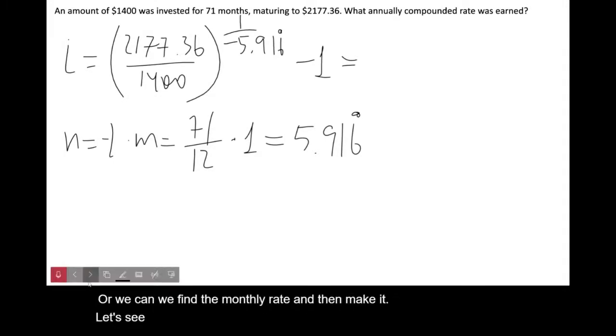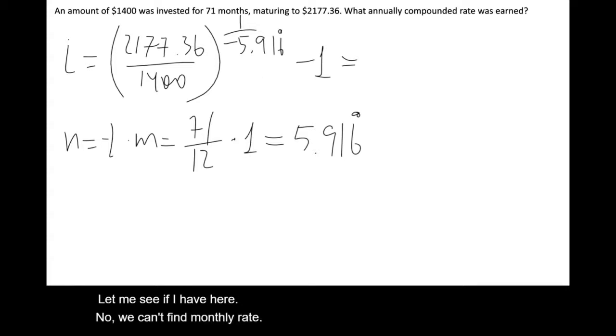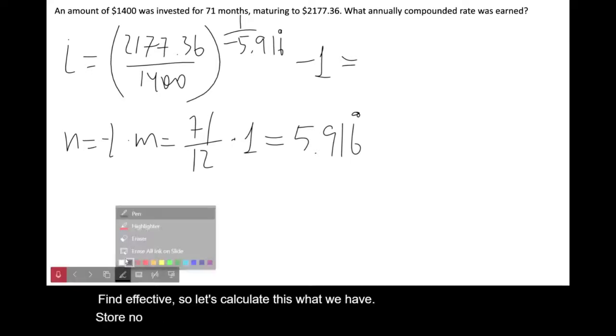Or we can find the monthly rate and then make it as what? Find the effective rate. So let's calculate this. What we have. Store. No, the negative should be positive.